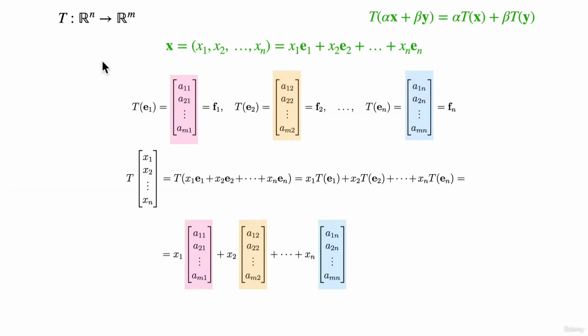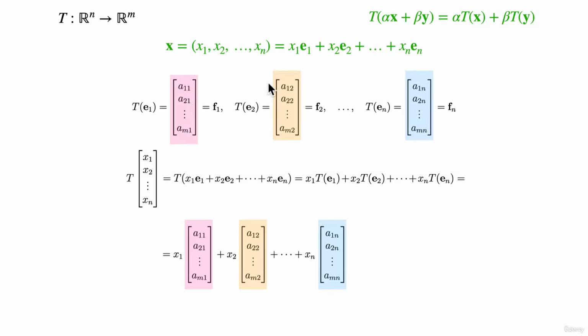And if we now take a general situation, that our transformation is from Rn to Rm, we know then, exactly as in the previous case, that this transformation is determined by the values of the transformation on the unit vectors in the direction of the axes.